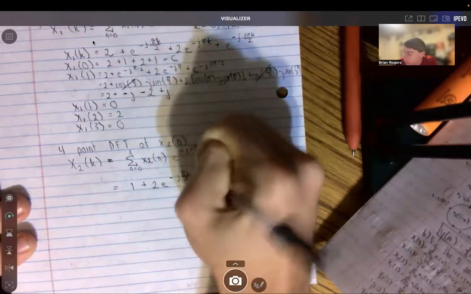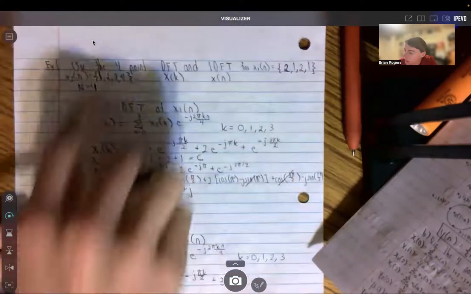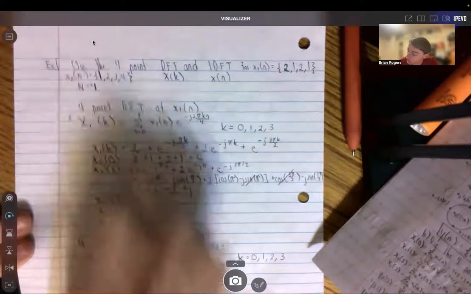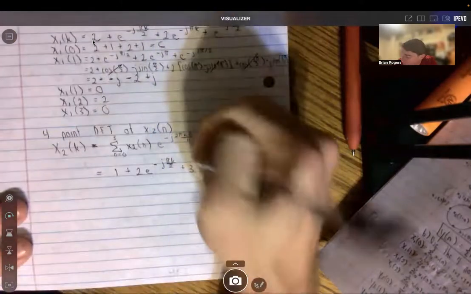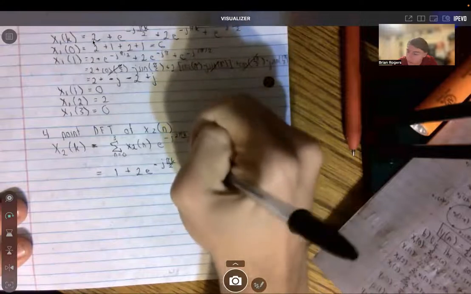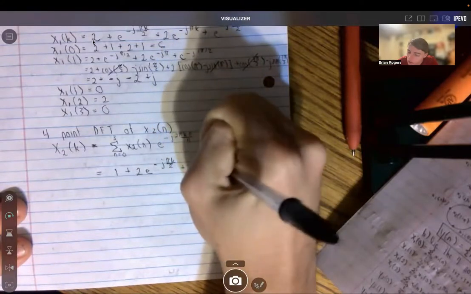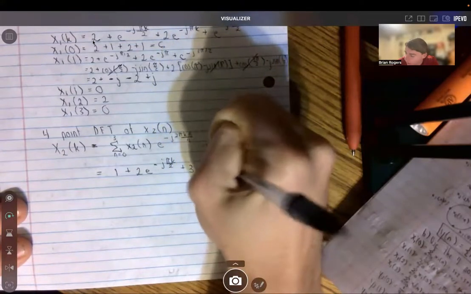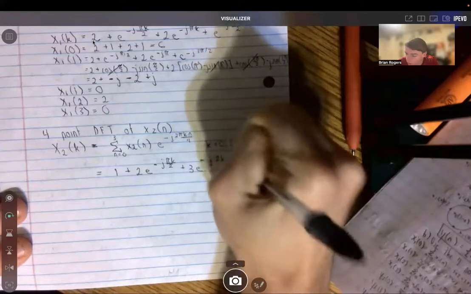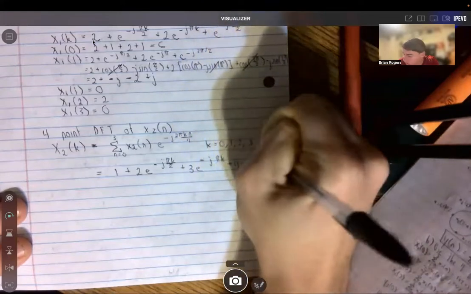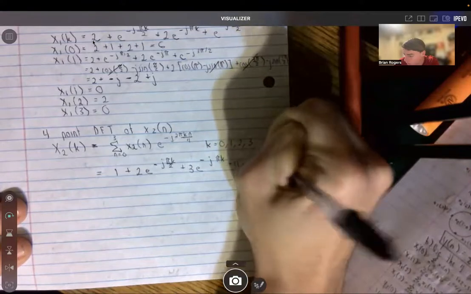Then plus, when you plug in position 2, 3 e to the negative j pi k, and then plus 4e to the negative j 3 pi k over 2.